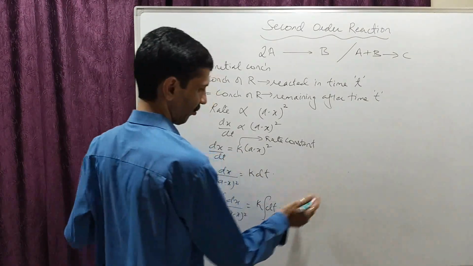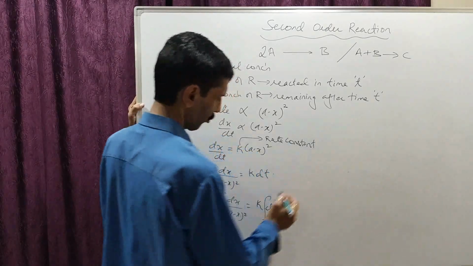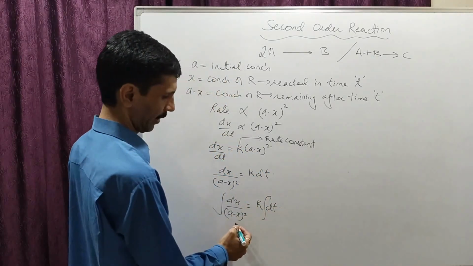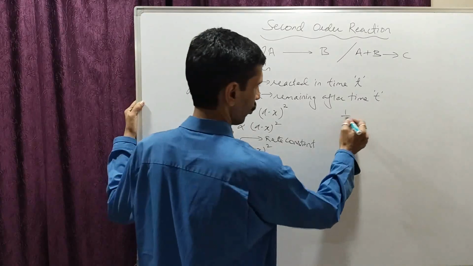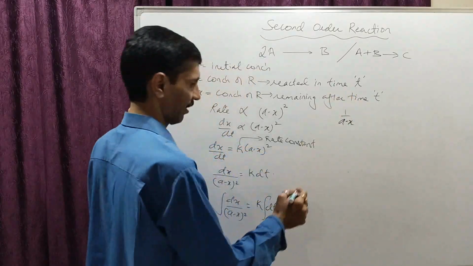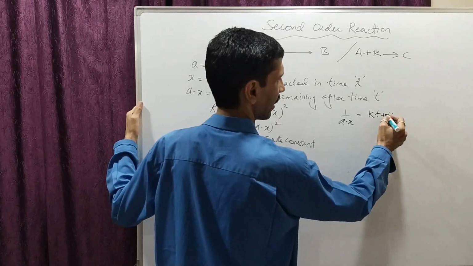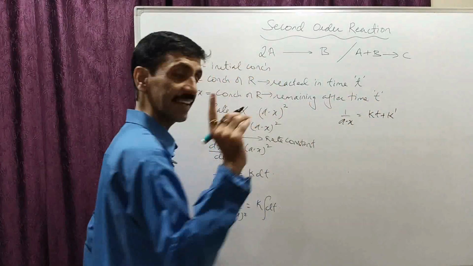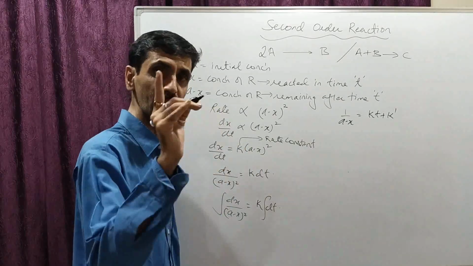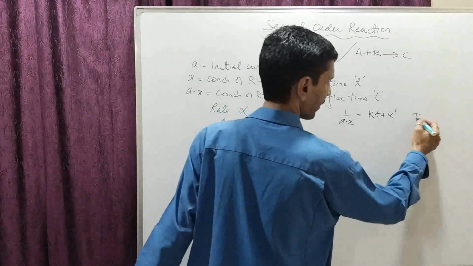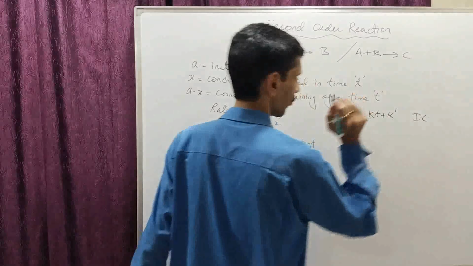The solution of dx upon A minus X the whole square gives you 1 upon A minus X, that is equal to kt plus k dash. Now what is k dash? It is the constant of integration. So I write it down as IC, integration constant.